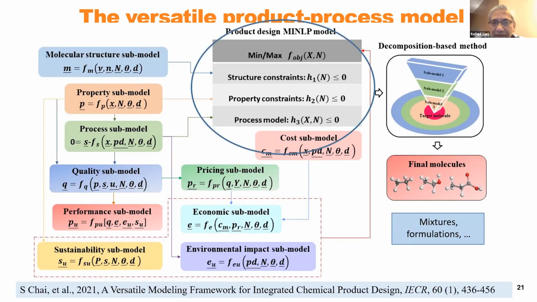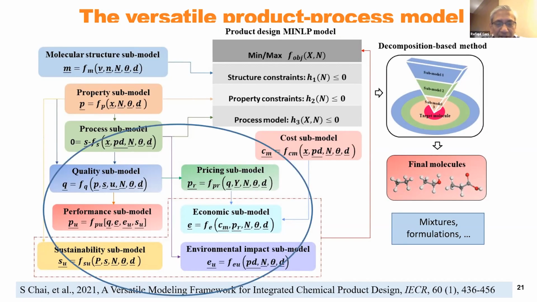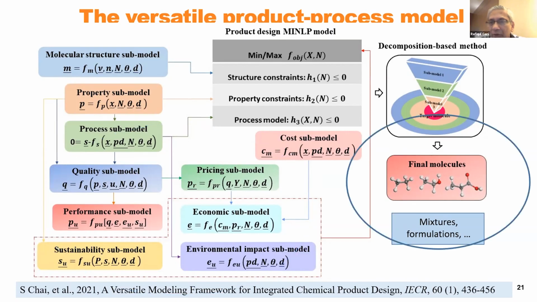Here is the formulation of the problem as a mixed integer linear or nonlinear program. Here are all the models for quality assurance, for economics, for performance evaluation, sustainability, environmental impact, all of that. We put them as constraints, and then we solve the problem and we get the solution. So that's how the structure that I showed before could be handled through this kind of models.